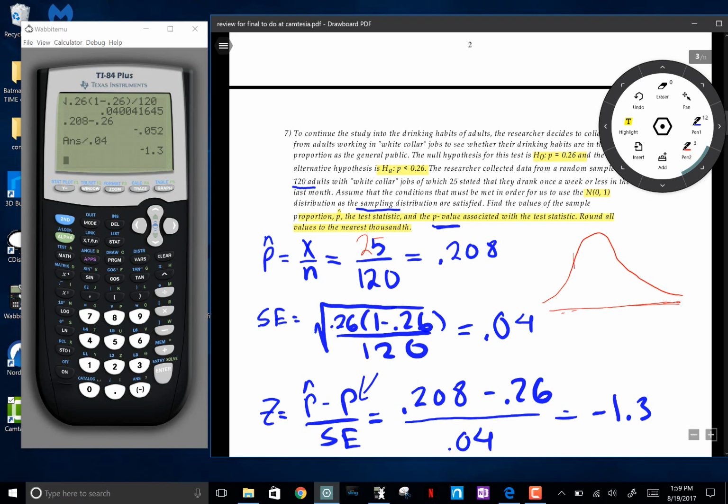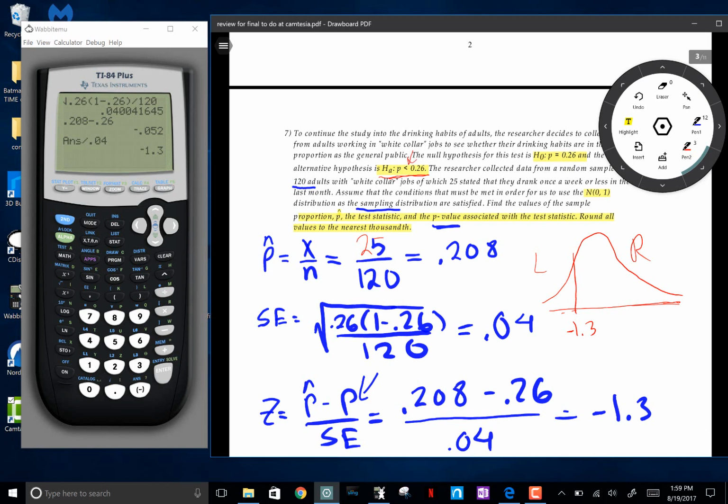Negative 1.3 falls over here approximately. Which side should I shade, the left side or the right side? An easy way to distinguish is to look at your alternative hypothesis and look at the arrow. The arrow tells you which side to shade.